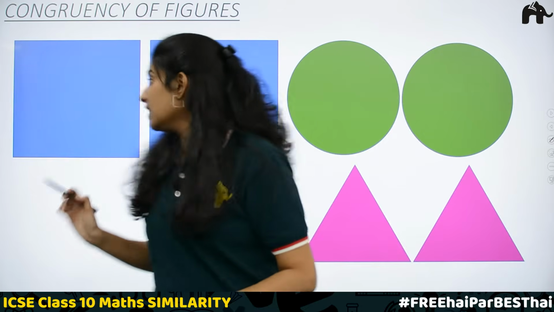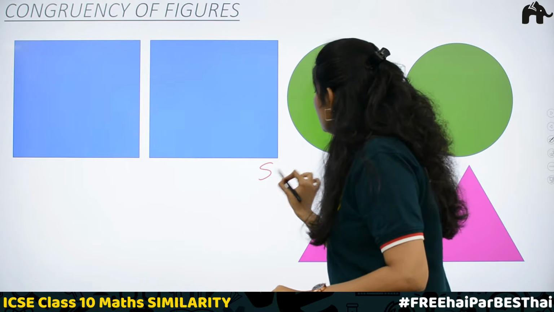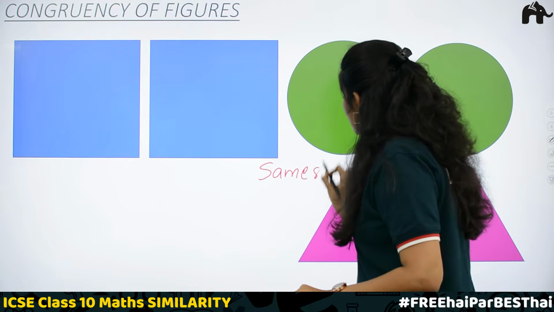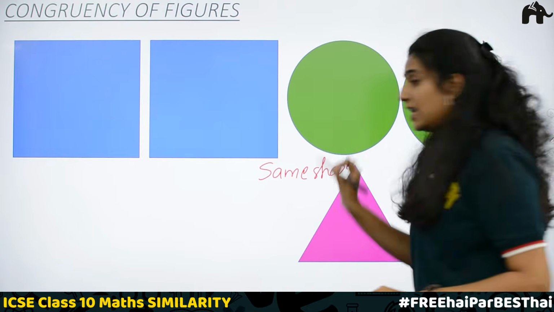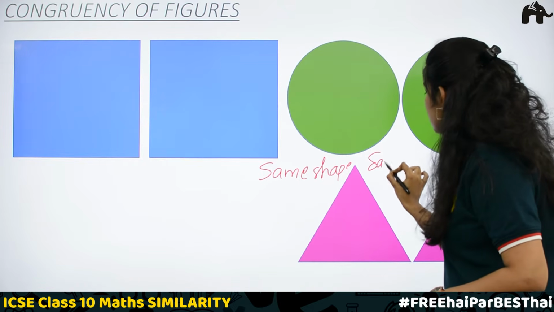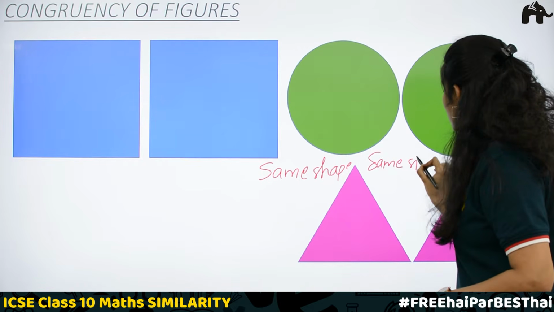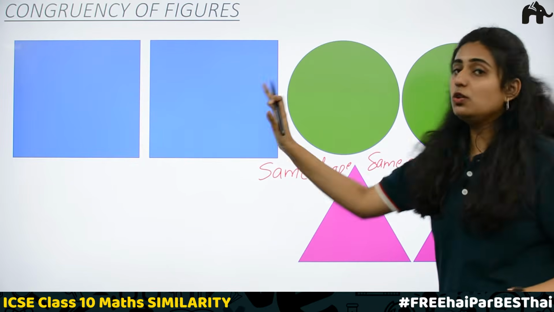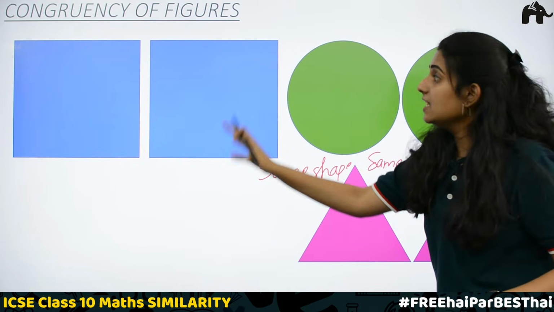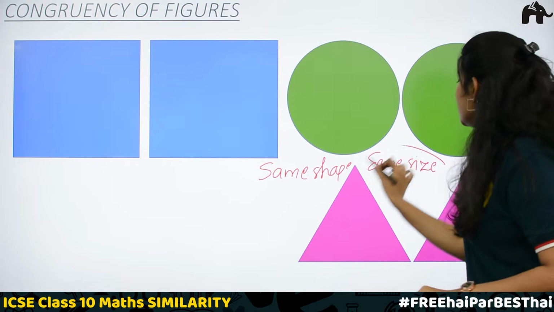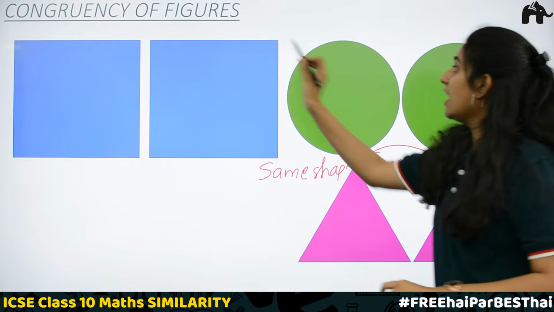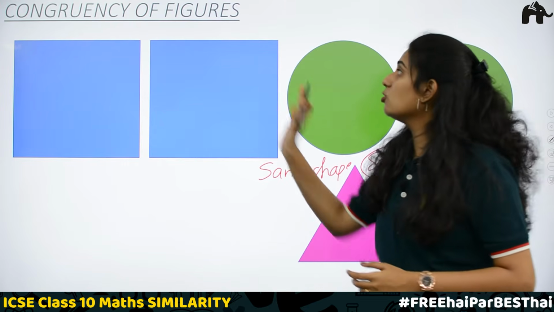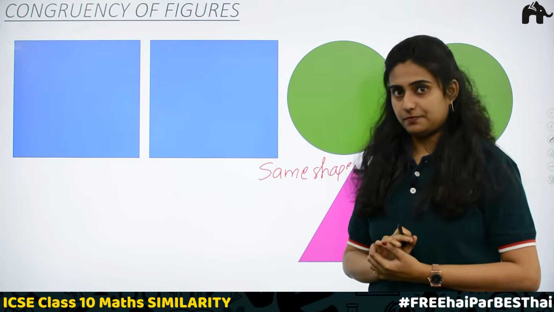So here we need the same shape as well as the same size. If we are taking two similar figures, and these similar figures have the same size, then they are congruent figures. This is what congruency of figures is. Got it?